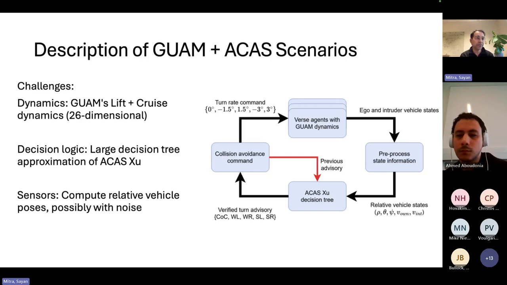So give me any protocol, and as long as you can represent it as an if-then-else kind of rule, we will be able to do this kind of analysis using Verse. So that's the pitch here.